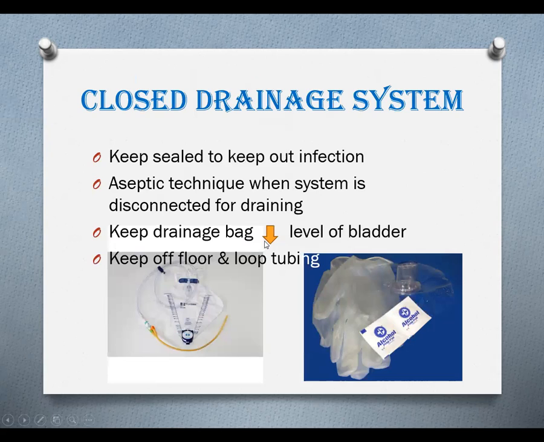Keep the drainage bag below the bladder, because remember gravity, so that the flow of urine goes into the drainage bag, because if you keep it at the same level with the bladder or higher than the bladder, then the drainage will not be there, and there will be a backflow of that urine, and that backflow can cause infection.